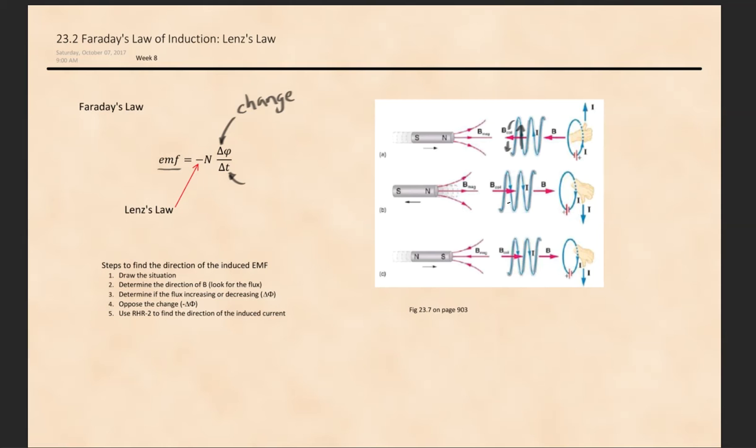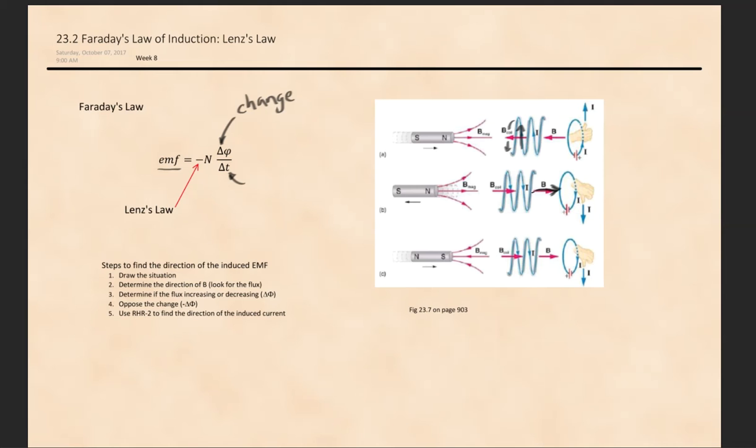That means the loop of wire, step number 4, opposes that change, and so it will create its own B field opposing the change. Again, there's a magnetic field pointing towards the right, but it's getting smaller. And so the induced EMF will try to maintain that magnetic field that was there before.